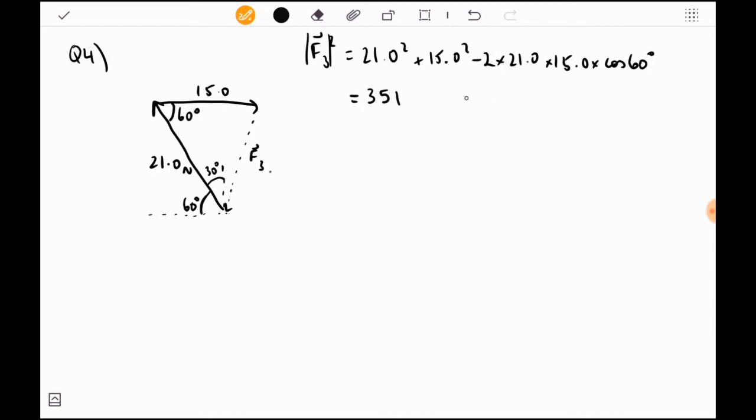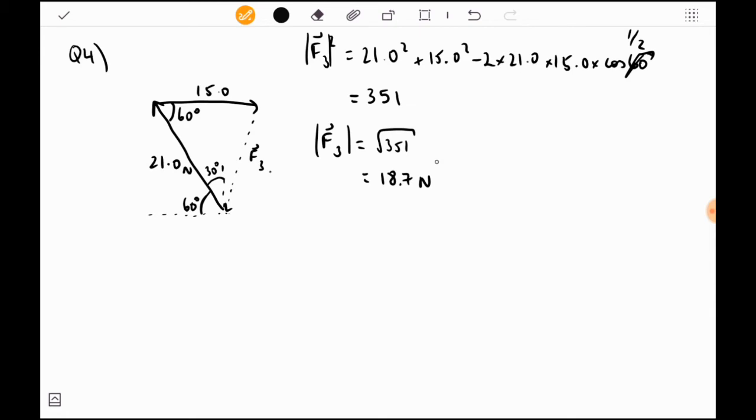There's no decimal places, which is because, as any maths teachers out there will have immediately recognized, cos 60 is actually just a half. So this is actually just 21 squared plus 15 squared minus 2 and 1 half cancel, 21 times 15. That's not necessary to know, just kind of an interesting coincidence. So that means that the magnitude of F3 is the square root of 351, which is 18.7 newtons to 3 significant figures.